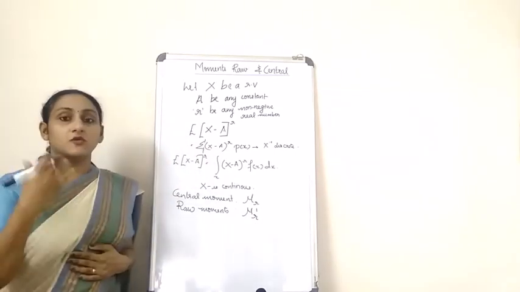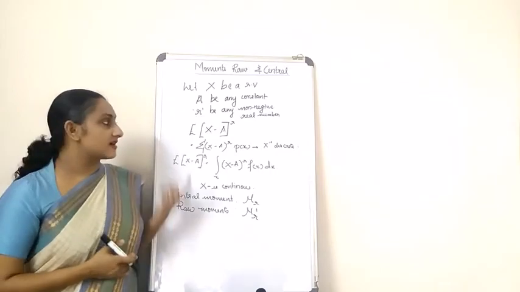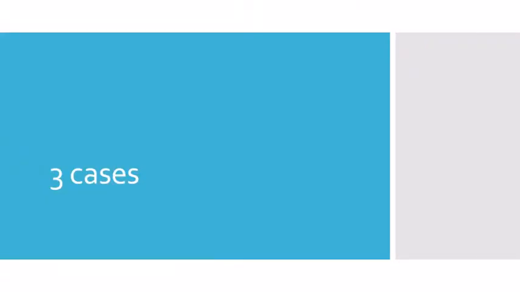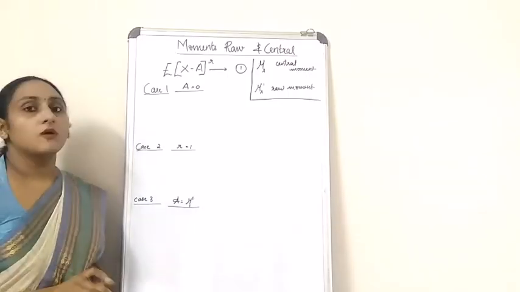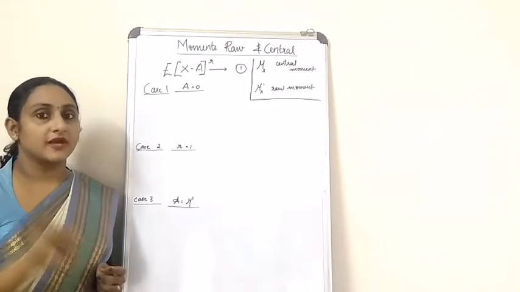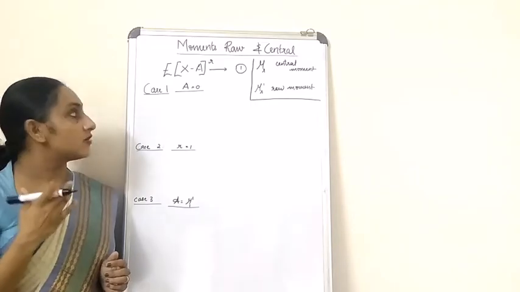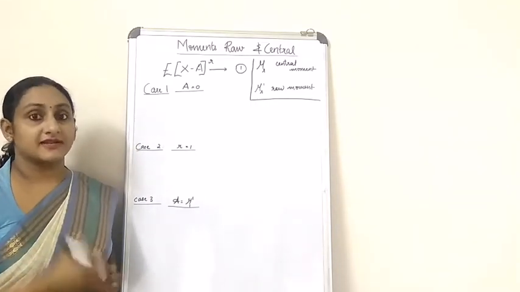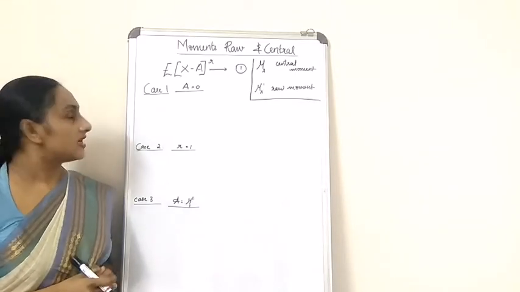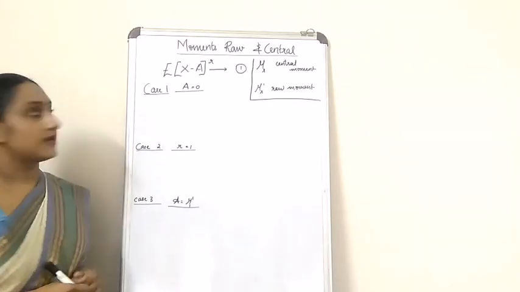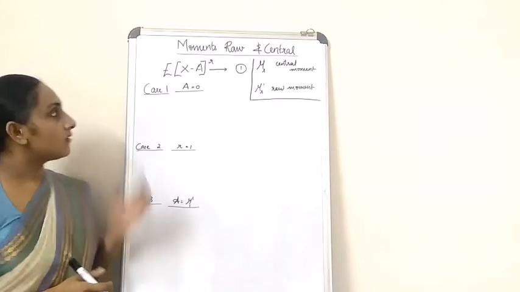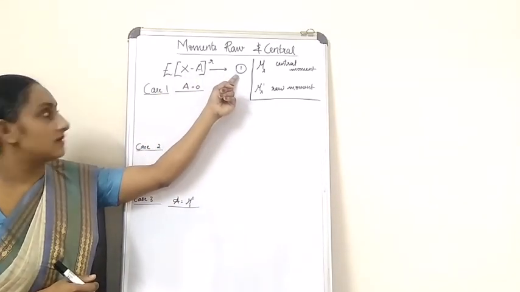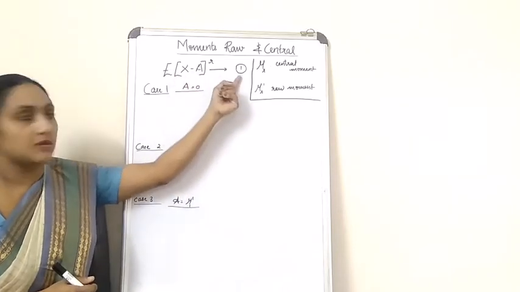So again, I'm going to discuss three cases regarding this. Case one is when a is equal to 0 in term number 1.